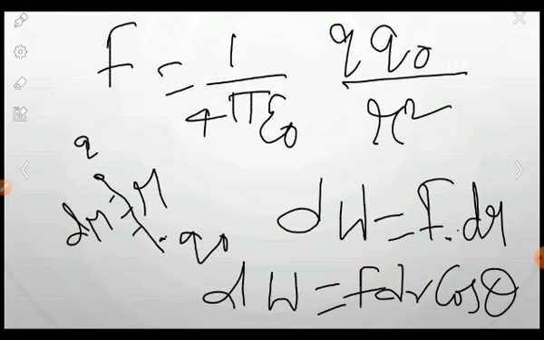But the force and displacement are in the same direction here.